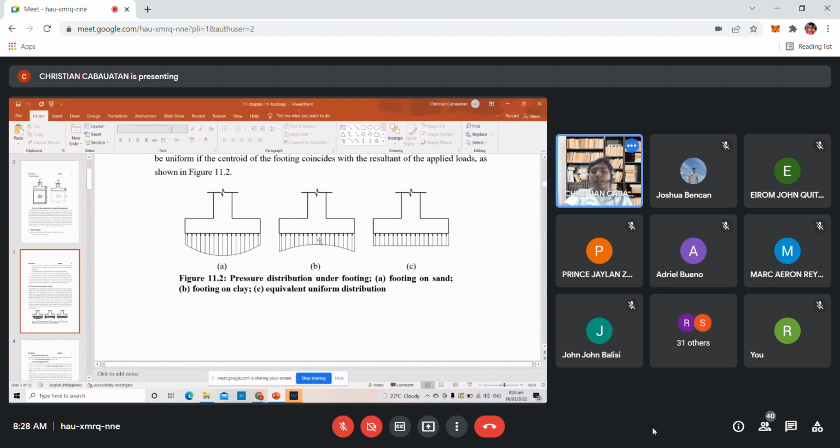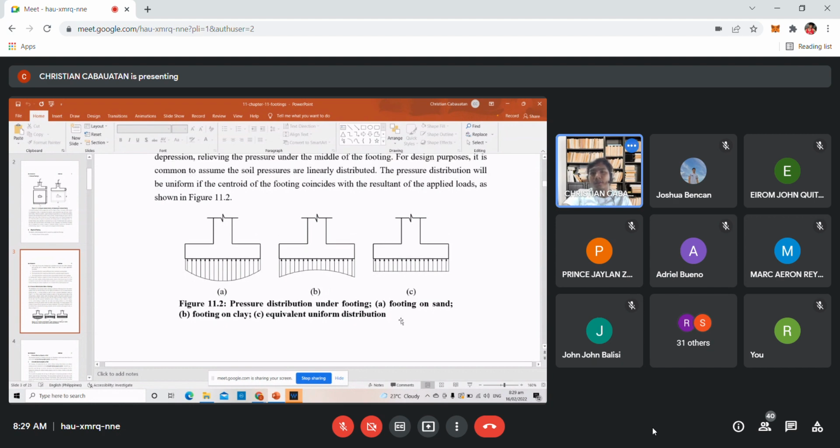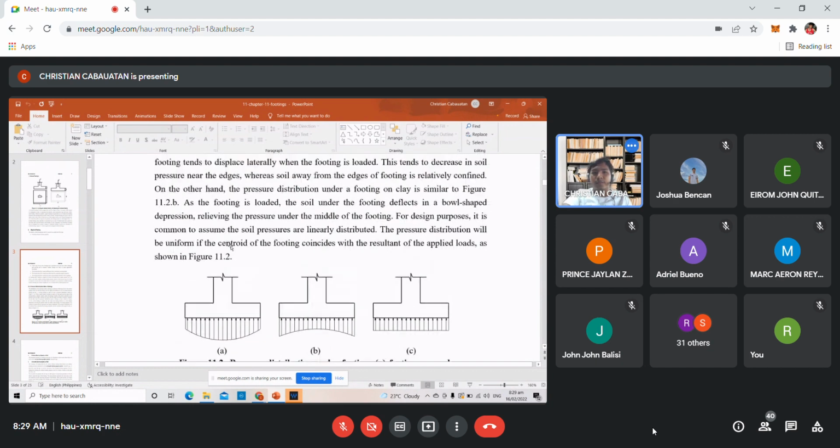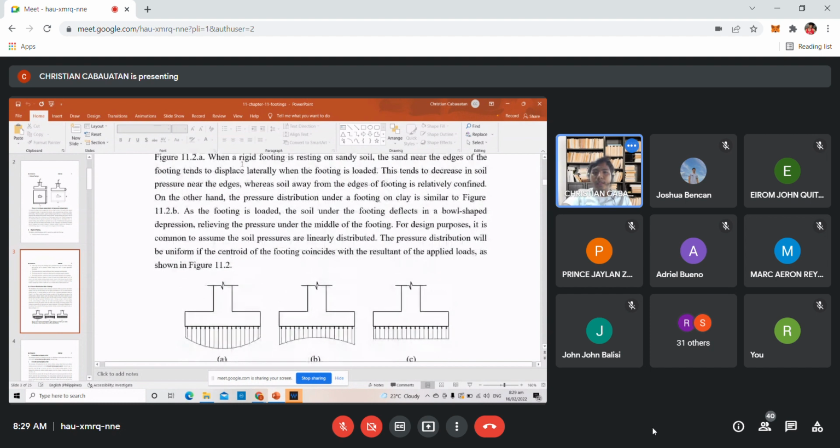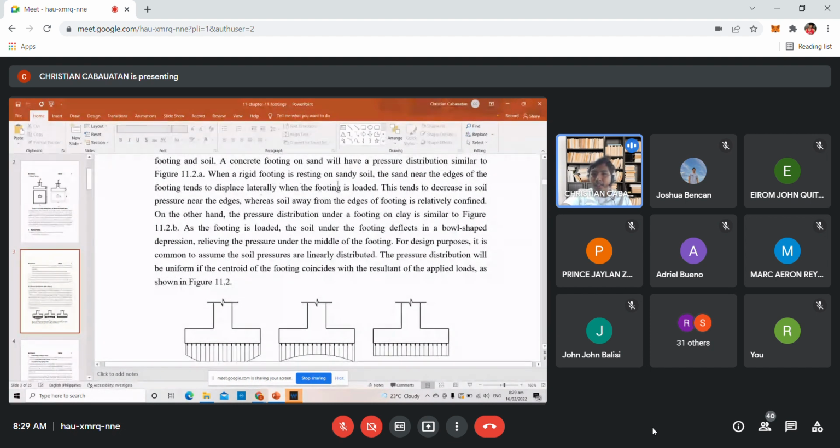If sa normal lang na soil nilagay ang inyong footing, it would be an equivalent uniform distribution. So when a rigid footing is resting on sand soil, the sand near the edges of the footing tends to displace laterally when the footing is loaded.